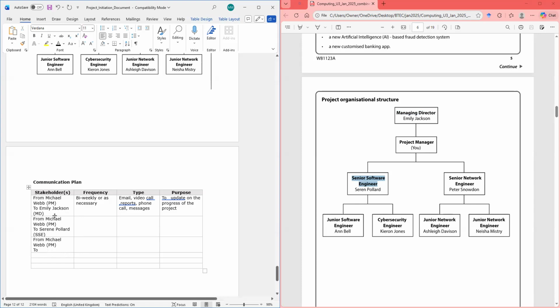I just like doing it in a format where I'm saying who I'm communicating with. There's a reason I'm doing it like this for now. Remember, the other team members can communicate with the senior software engineer, and then the senior software engineer communicates with you. So that's why I'm doing it this way.